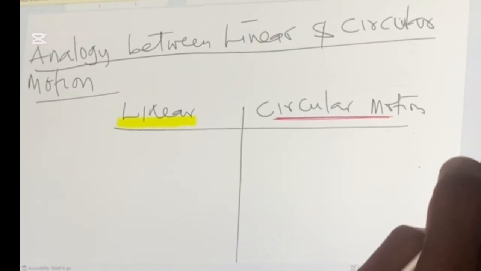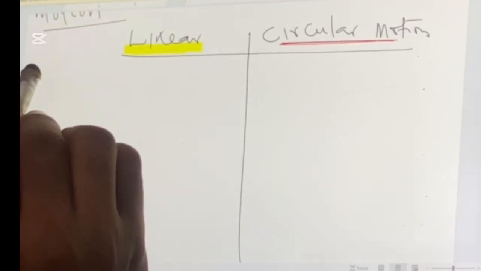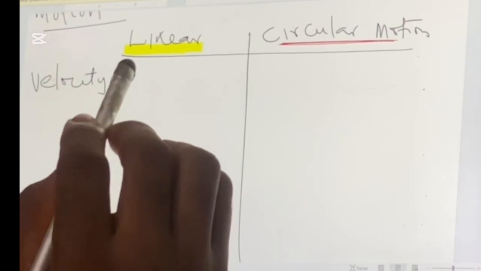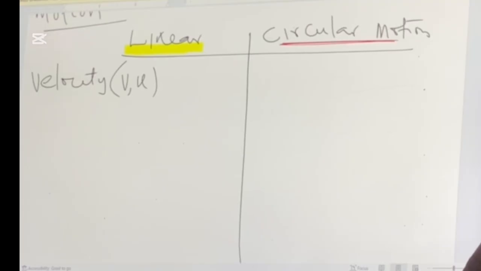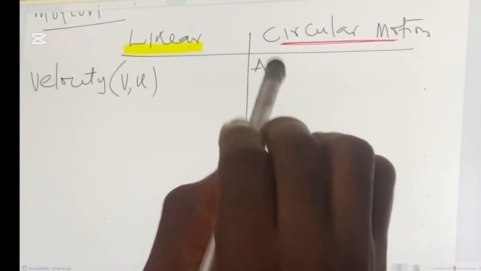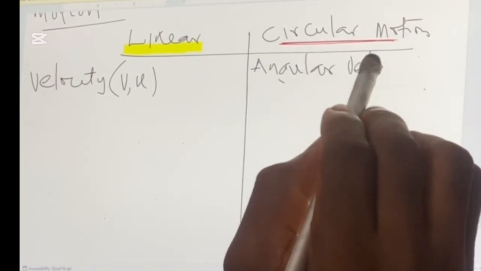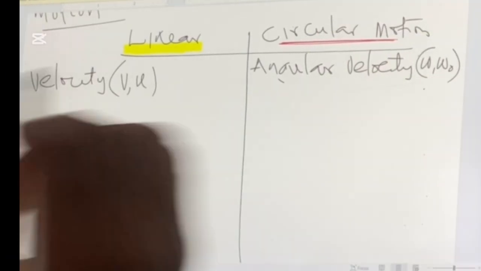The first one here is velocity. The parameter that represents velocity is either v or u. v represents final velocity, u represents initial velocity. Please take note. In circular motion, we don't call it velocity, we call it angular velocity, and we use omega or omega naught to represent that.